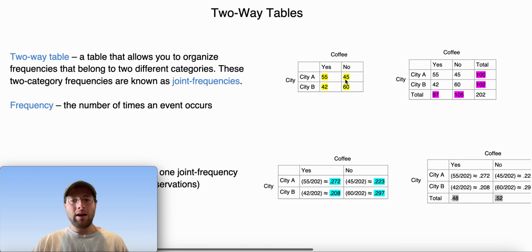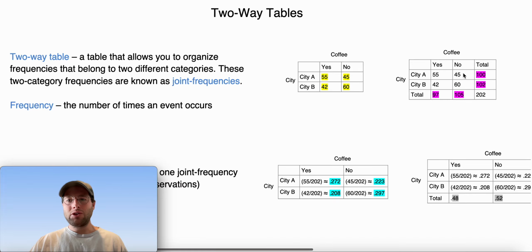The 45 means that 45 people from city A said no, they do not drink coffee. And 42 people from city B said yes, they do drink coffee, and 60 people from city B said no, they do not drink coffee.